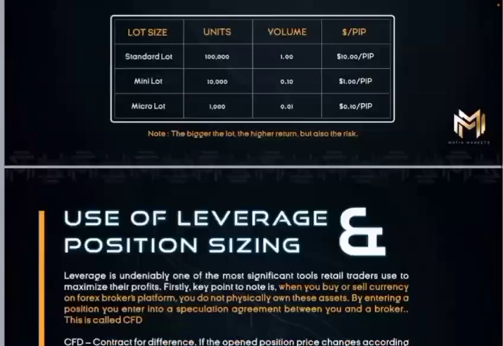A mini lot, a $10,000 position, gives you $1 per pip. And subsequently, one standard lot, 100,000 units, which is $100,000, equals $10 for each pip. When you're looking at these lot sizes, you have to understand that the bigger the lot, the higher the return, but also the risk.